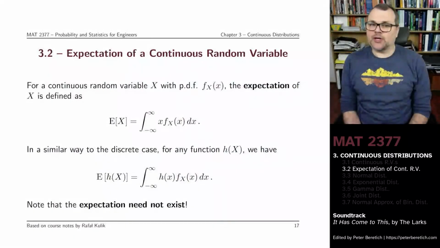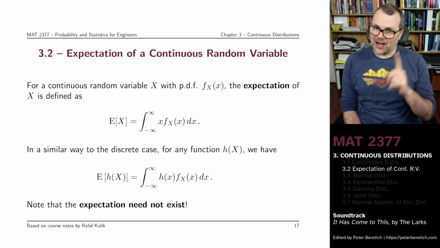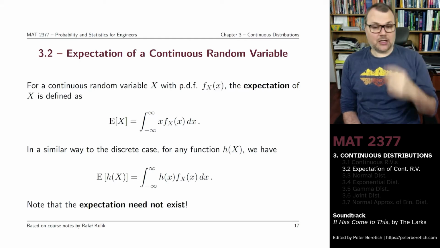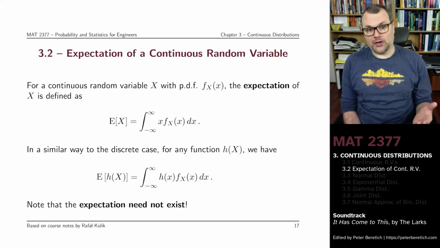Just as before, we can actually describe the random variables when they're continuous with the help of the expectation operator. The expectation, however, in the case of continuous random variables, takes on the form of an integral.